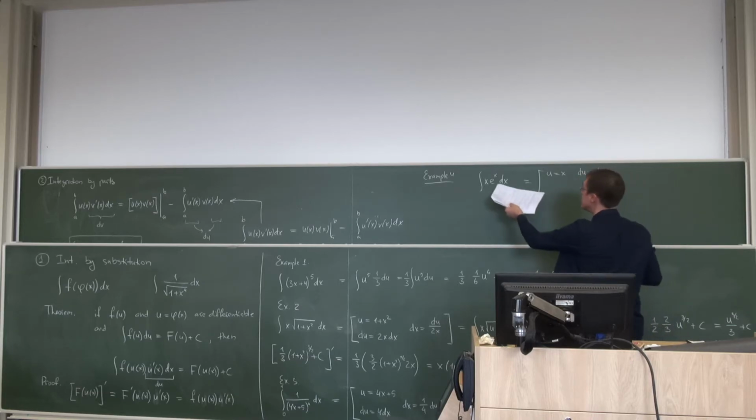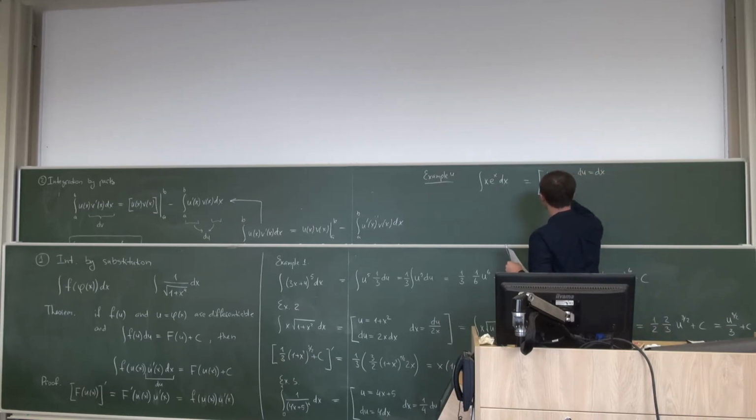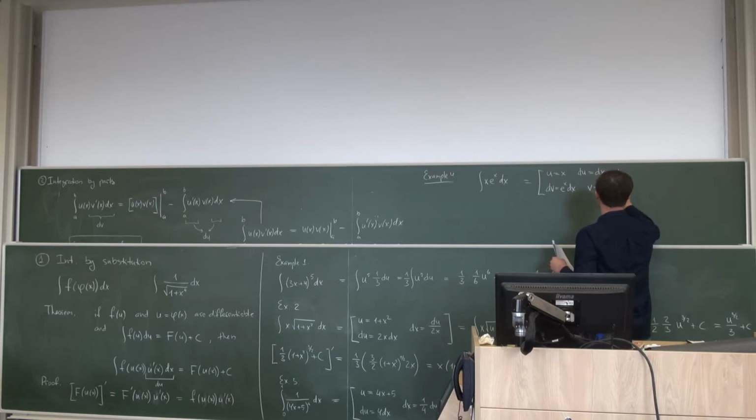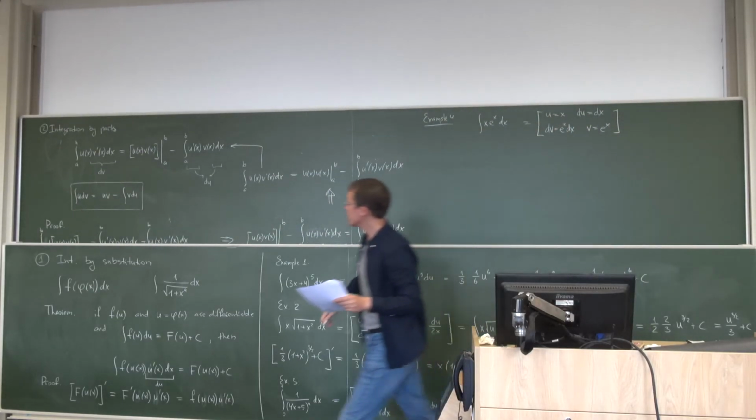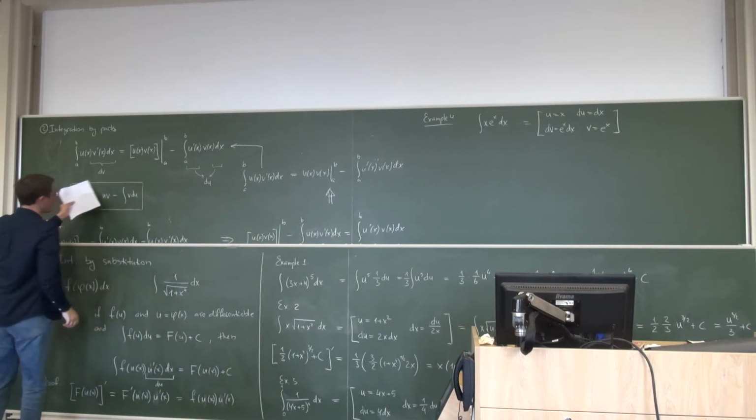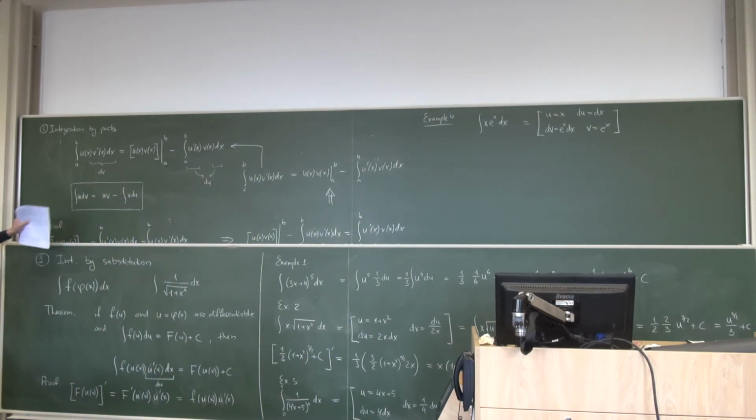Then our dv is e to the x dx, and v is just e to the x. So here, in this mnemonic shorthand, u is x, and dv is e to the x dx.